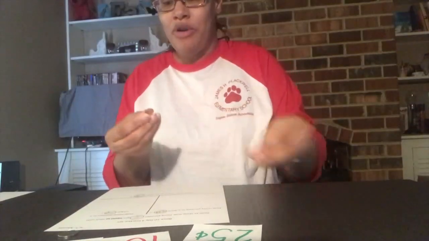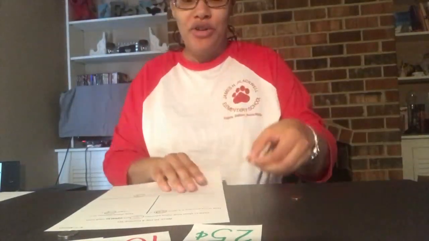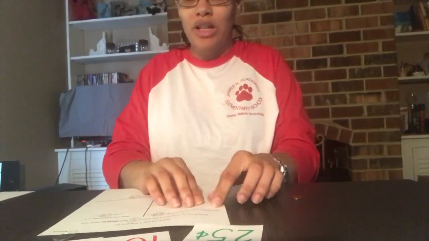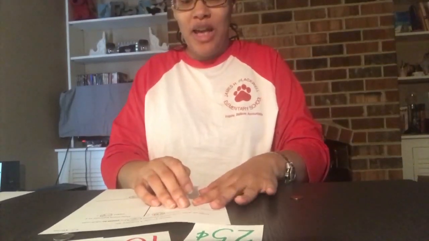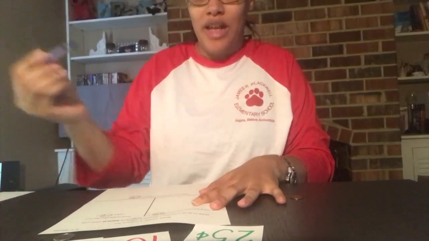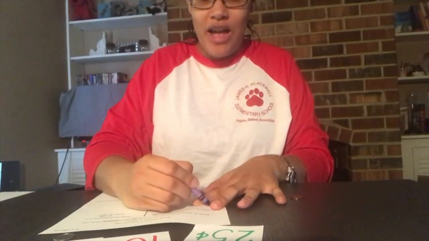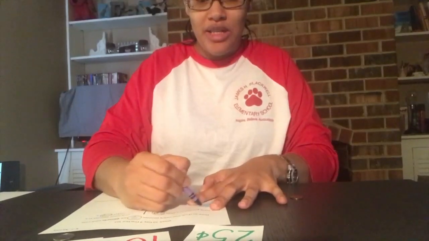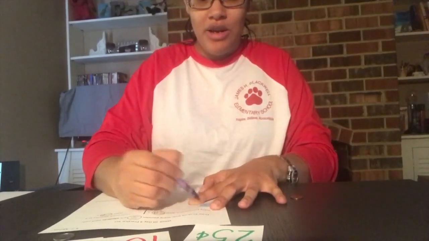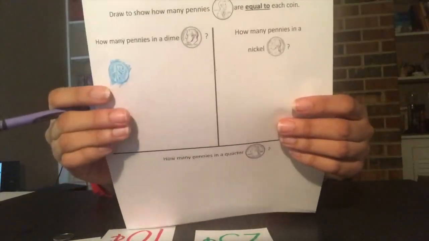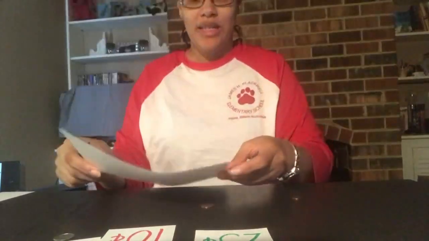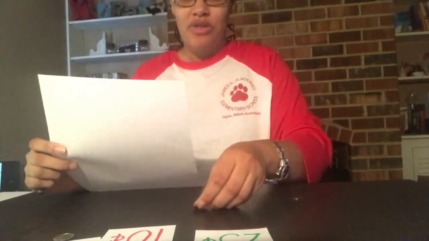So remember to put your coin under your paper where you're going to color. Put 1 finger on one side and 1 finger on the other. Take your crayon and color right on top of the coin so you can see what you made. That's why it's called crayon rubbing, because we rub the crayon right on the paper so we can see what's underneath.